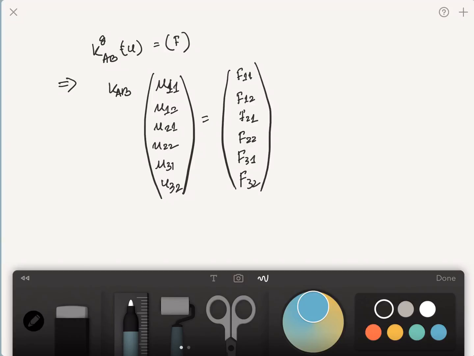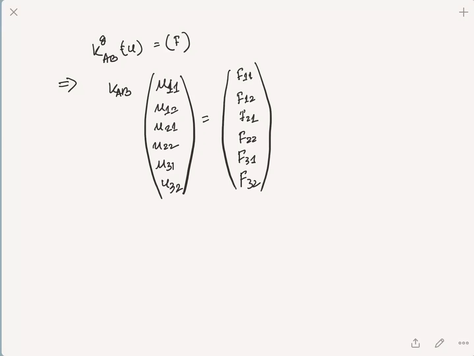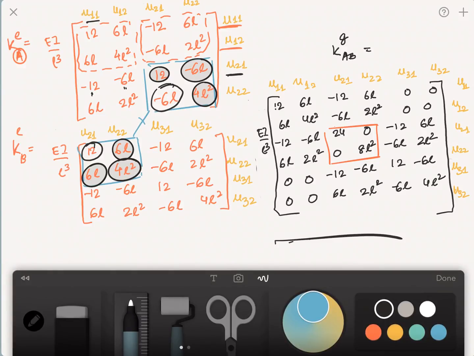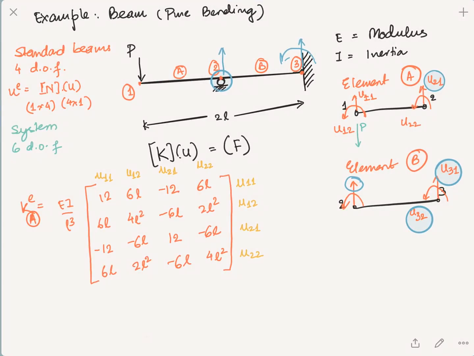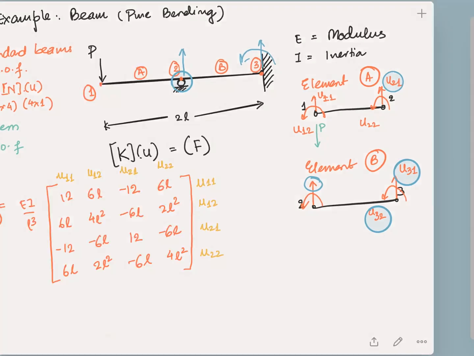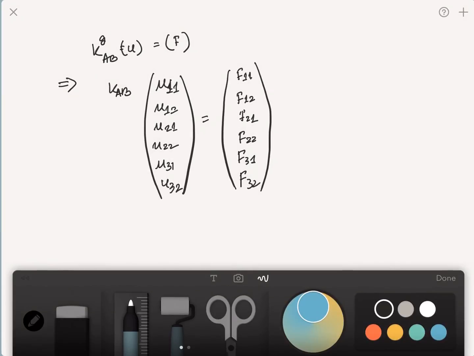Now you know that in this there was no distributed load, so therefore we don't need to derive the load at every node. And there was only one load acting in the system, and that was acting at node 1 in the direction of U11 negative. So we can go back here. This becomes minus P, and the rest are zeros.